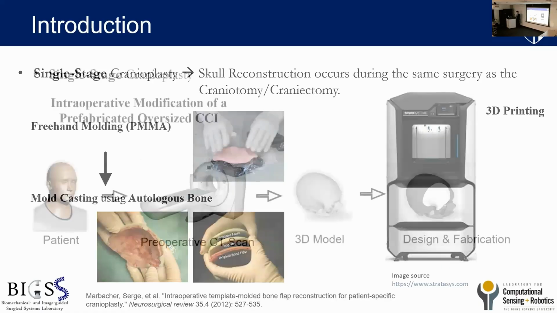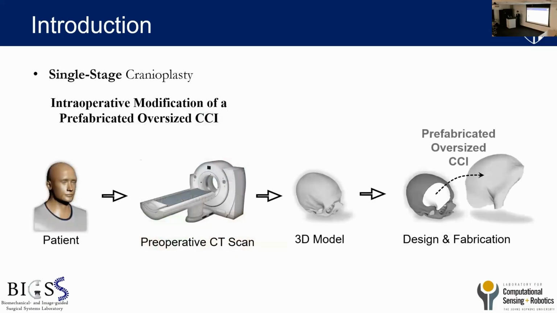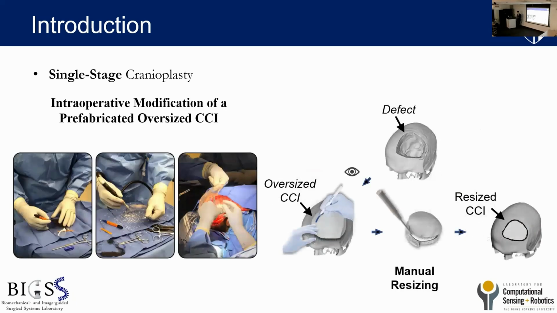To address these challenges, one alternative approach is to perform intraoperative modification of an oversized prefabricated implant. The implant is designed based on the patient's preoperative CT model. Therefore, it matches the exact geometry of the patient's skull bone, but it's designed in an oversized profile to allow intraoperative plan change.